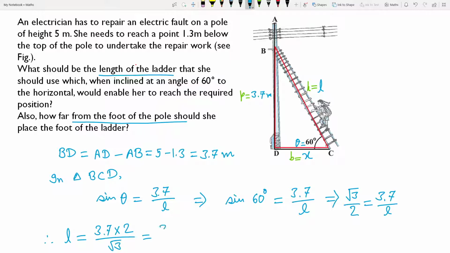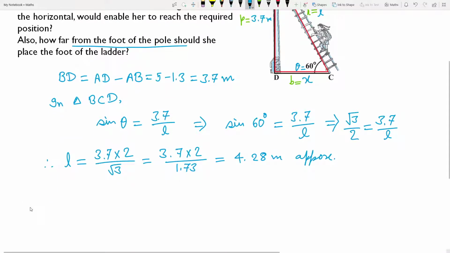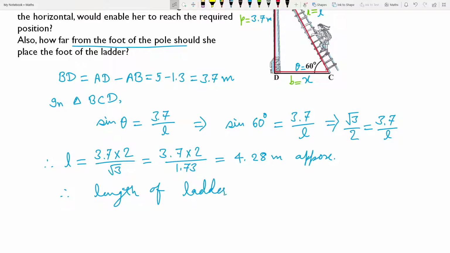We can substitute value of root 3 as 1.73 approx, and then we will be able to find it as 4.28 meters. Therefore, length of the ladder would be 4.28 meter. This is our first answer.